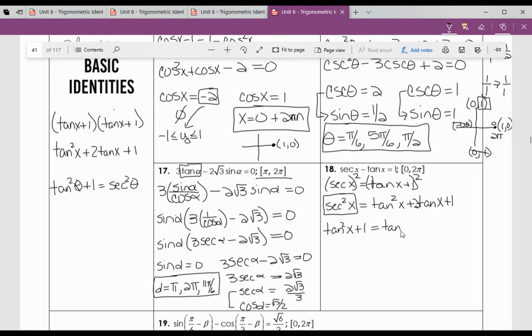Now, I do have a quadratic, so I need to set it equal to 0, which means both of these terms are going to go to the back this time. Well, when I do that, my tangent square cancels, and that's great. And that will leave me with 2 tangent x, and that's it, because the ones will also cancel. So that means 0 equals 2 tangent x.